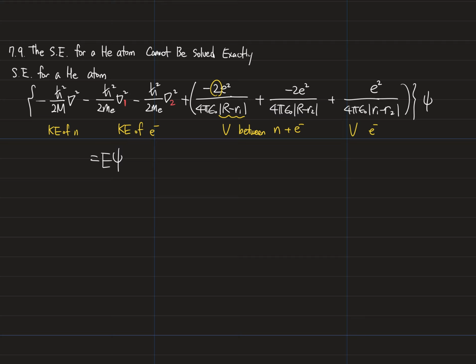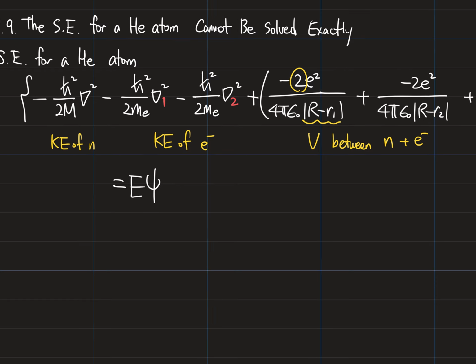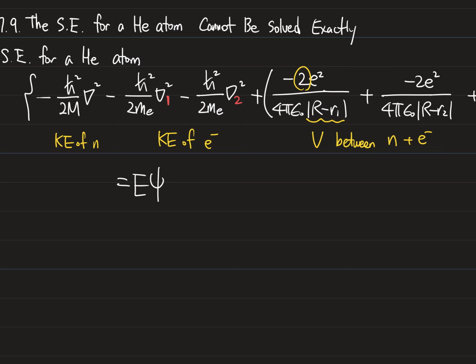So for the nucleus term, the nucleus kinetic energy, we can ignore it. According to the Born-Oppenheimer approximation, we can assume that the nuclei are fixed at specific points, and because the electrons move much faster compared to the nucleus, we can ignore the kinetic energy of the nucleus.